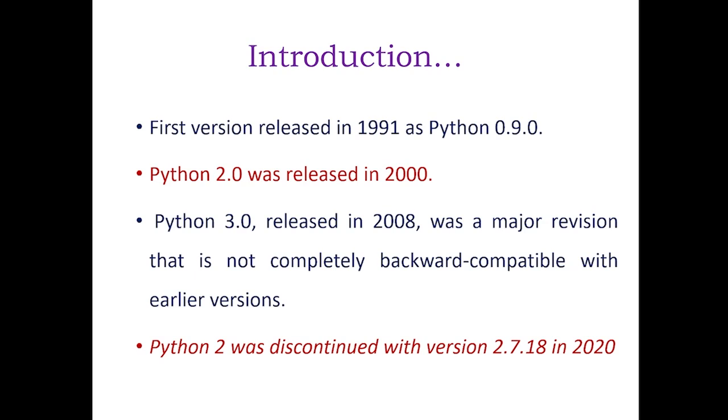Nowadays we are using 3 versions. Version 3.0 was originally released in 2008, which was a major revision over the 2.0 versions, and is not completely backward compatible with the earlier versions. From 2020 onwards, all the Python 2 versions were discontinued.